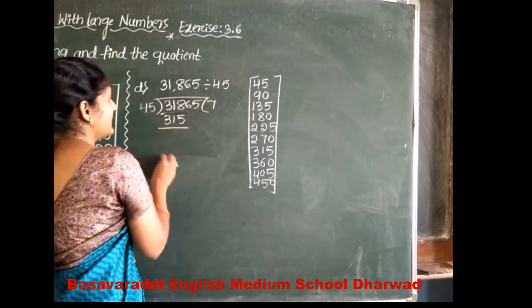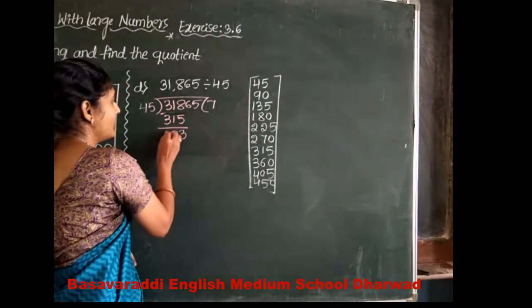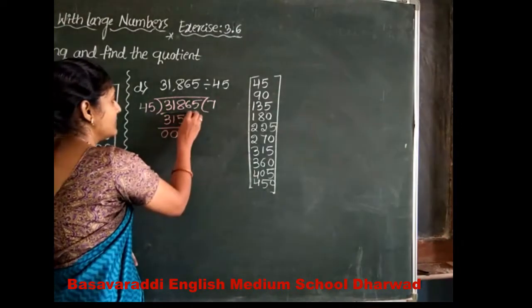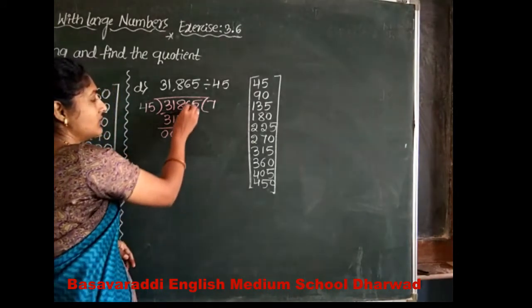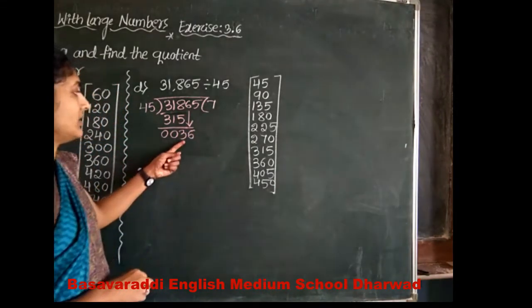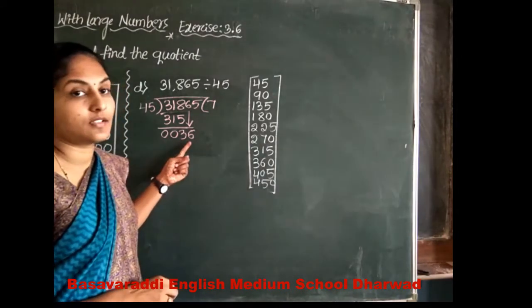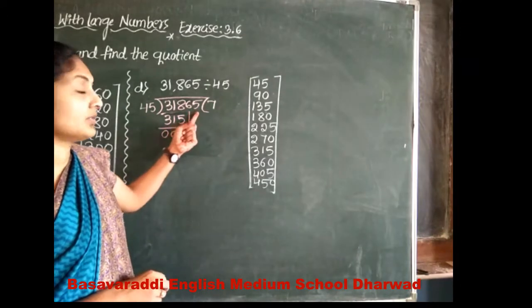8 minus 5 is 3. 1 minus 1 is 0. 3 minus 3 is 0. Next, bring down the tens place, that is 6, making 36. Look here, 36 is less than 45, so we have to take down one more number.